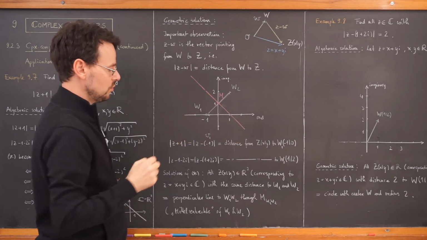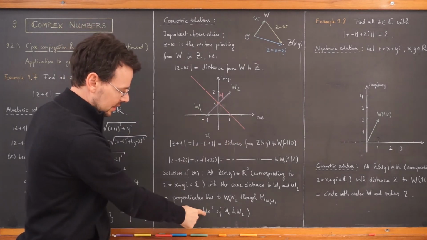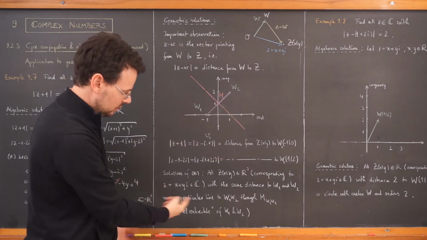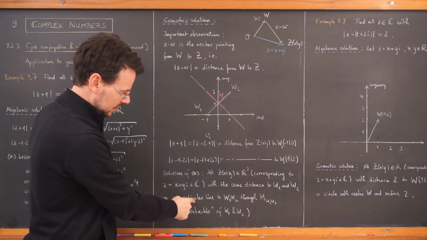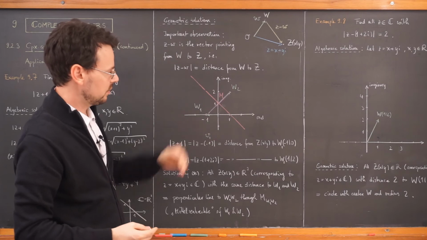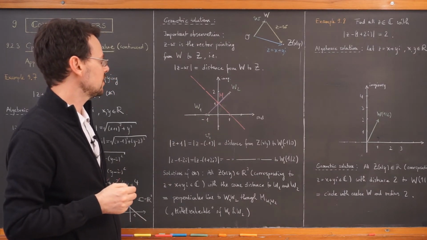These are all the solutions. In German there's a nice word for this line, it's the Mittelsenkrechte of these two points. In English, I don't know if there's such a catchy term. All I could find was perpendicular line to this line here going through the middle. If there's a better term, please write it in the comments.